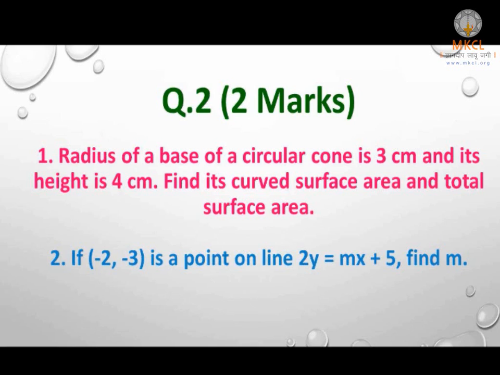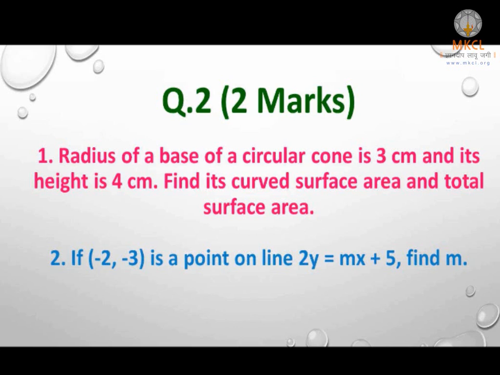Another question that may appear here is, if (-2, -3) is a point on the line 2y = mx + 5, find m, that is the slope of the line. What must be mentioned here is, if a point lies on a line, then its x and y coordinates must satisfy the equation of the line.